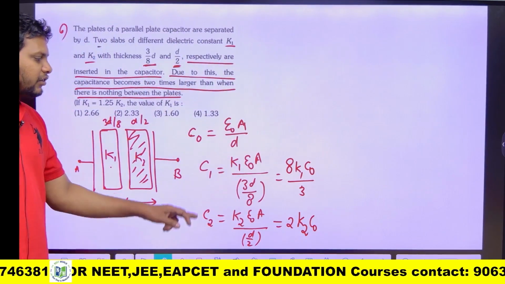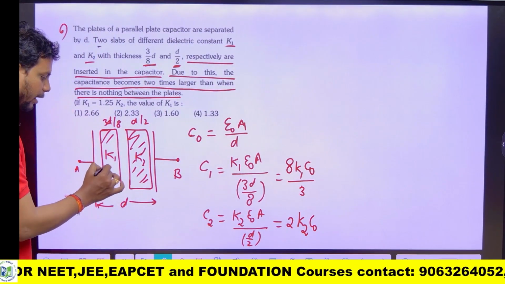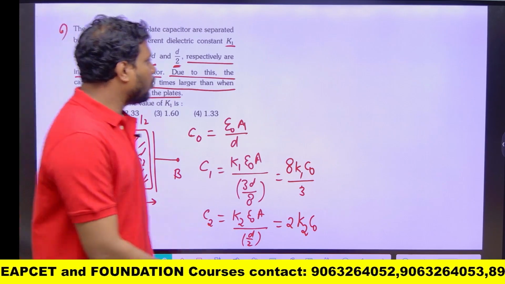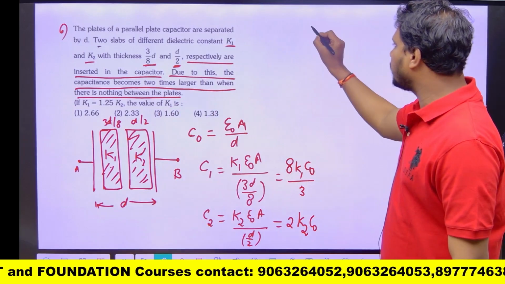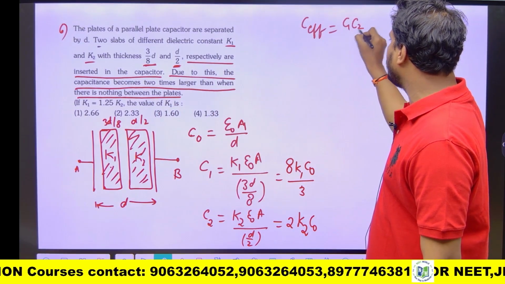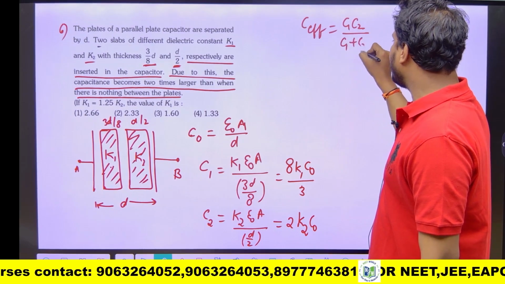Now C1 and C2 look like two capacitors with dielectrics connected in series. The effective capacitance for two capacitors in series is C effective equal to C1 C2 divided by C1 plus C2.